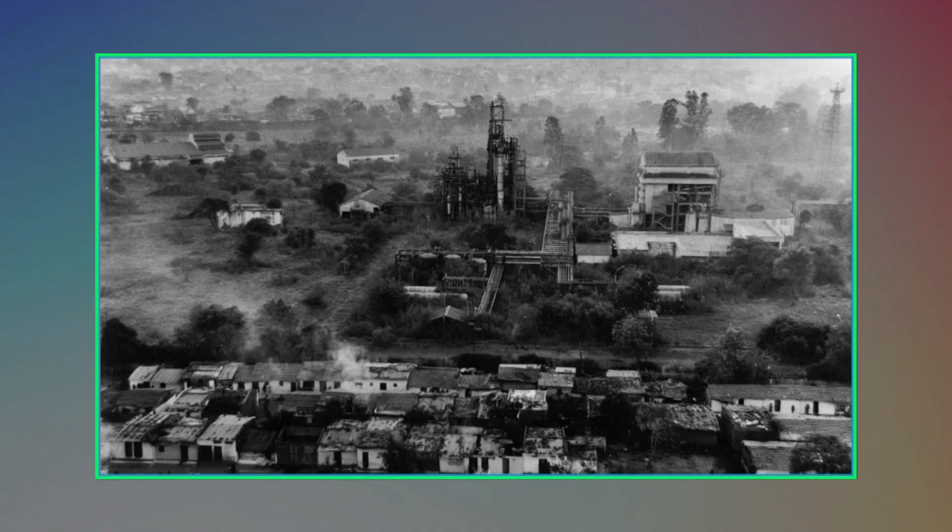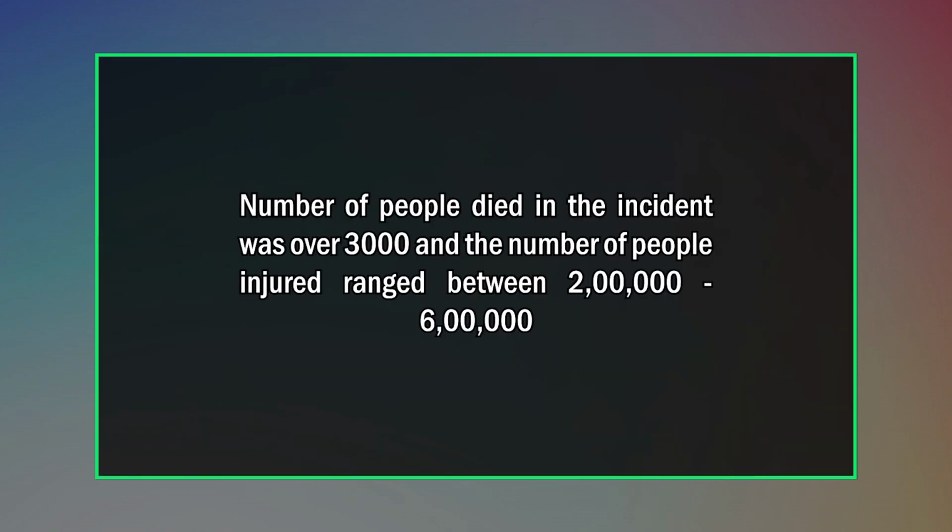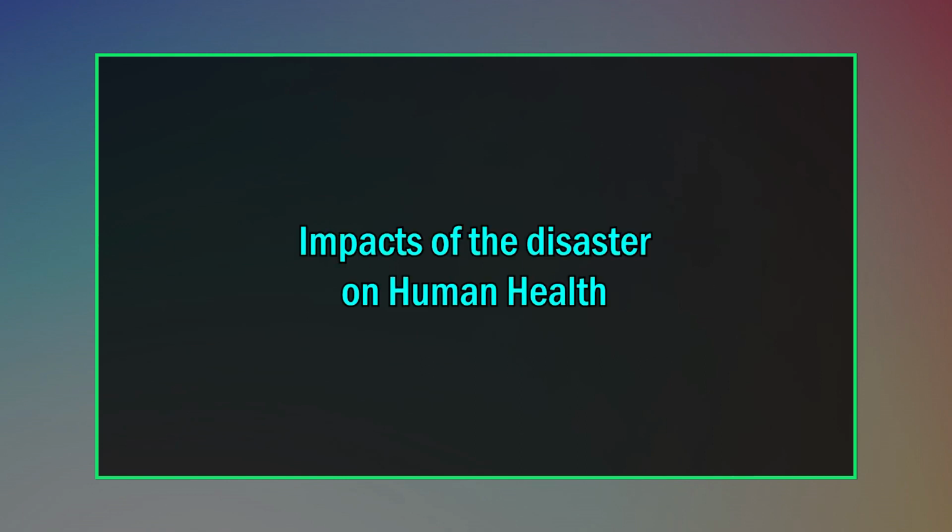Approximately 40 tons of methyl isocyanate spilled over and caused the world's worst disaster. The number of people who died in the incident was over 3,000 and the number of people injured ranged between 2 lakh to 6 lakh. Impacts of the disaster on human health.